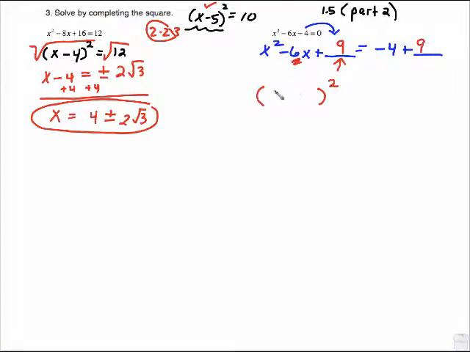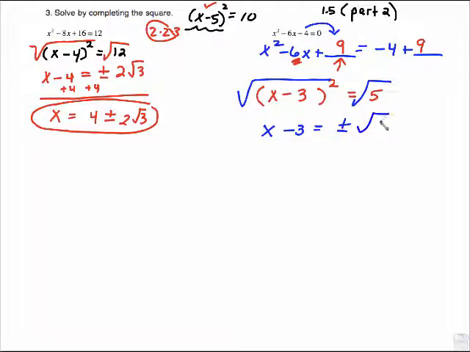Now let's see if this really does factor the way I want it to. 3 times 3 is 9, and 3 plus 3 is 6. So this does factor neatly into (x minus 3) quantity squared. And negative 4 plus 5 is 9. And then you're ready to complete by taking the square root of both sides. Square root of (x minus 3) squared is x minus 3, plus or minus the square root of 5.